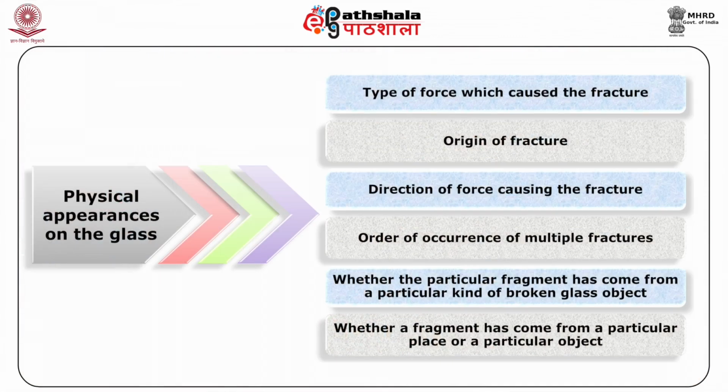After this, the scientists look for the following physical appearances on the glass: the type of force which caused the fracture, the origin of fracture, the direction of force causing the fracture, order of occurrence of multiple fractures, whether the particular fragment has come from a particular kind of broken glass object, for example, window, bottle, headlight.